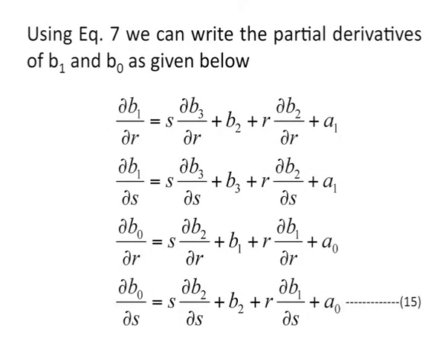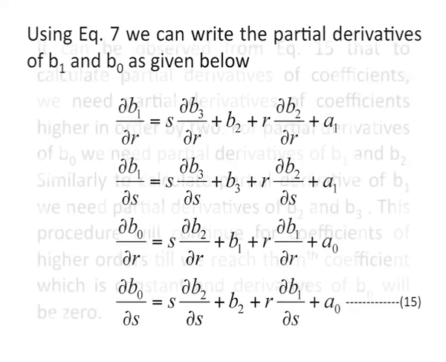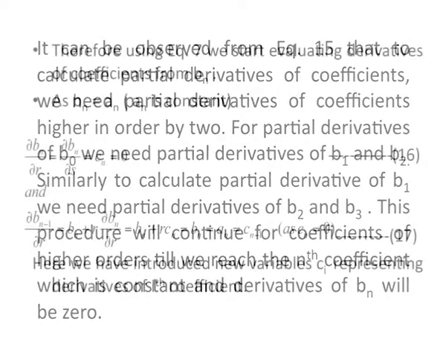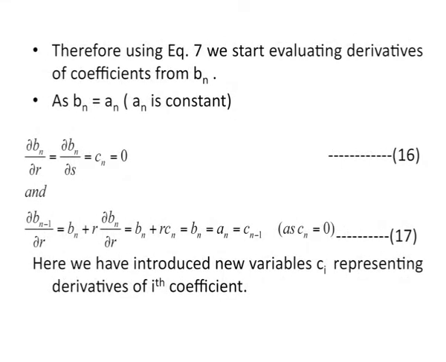We observe from these equations that we need to develop a relation between the coefficients, starting from the nth coefficient and moving downward, so that we can calculate the derivatives of coefficients b 1 and b 0. So, we start from the first coefficient, that is b n, which is equal to a n, and since a n is constant, we find the derivative of b n with respect to r and s, which gives us 0.